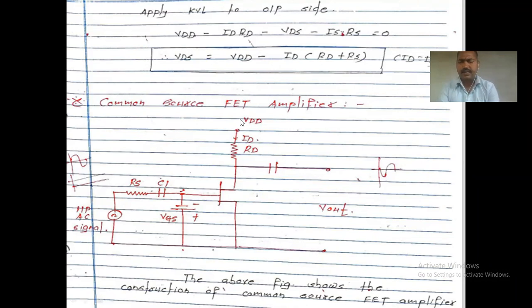Now these are already covered, but we are seeing them again for revision. Common source JFET amplifier is one of the important configurations.